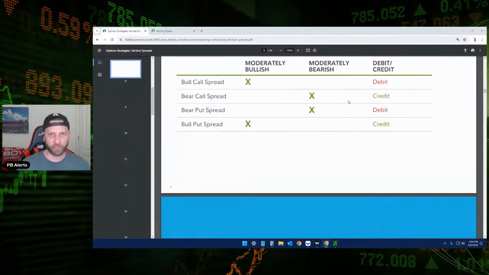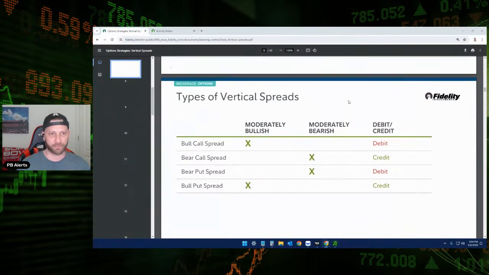I wanted to show this slide first, because this shows the different types of vertical spreads. Okay, there's only 4 different kinds. The week before, basically the last class, we went over credit spreads. So we got the bear call spread, which is the same thing as a call credit spread.